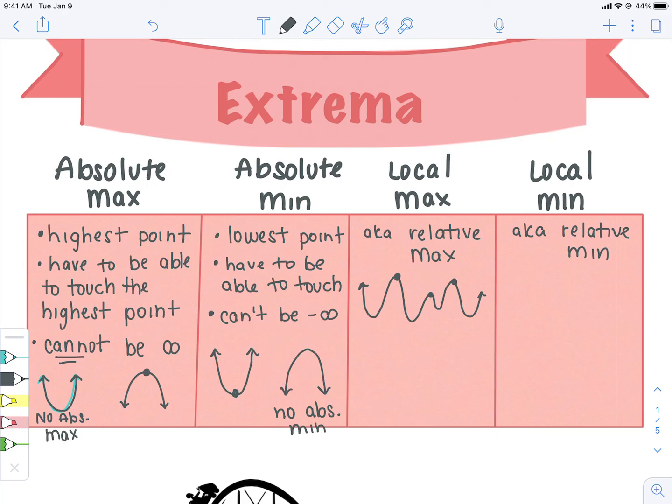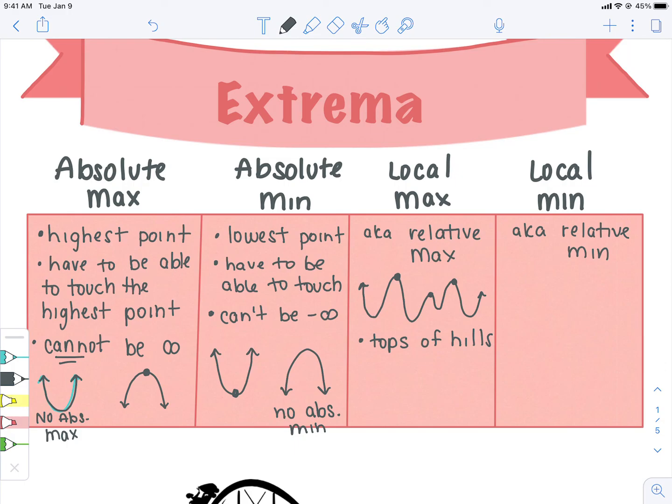The really unmathematical way of describing it is the top of a hill.